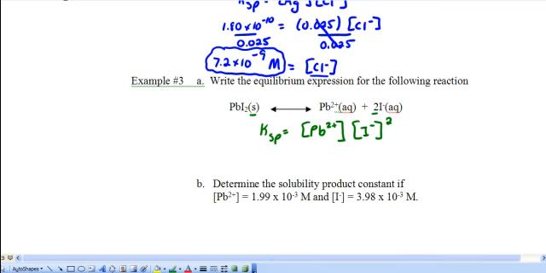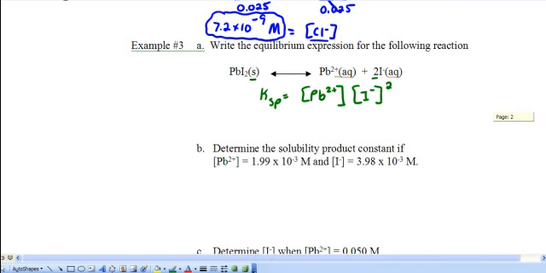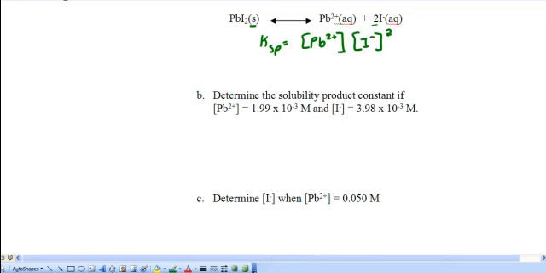Alright. Letter B, determine the solubility product constant if the lead concentration is such and such and the iodide is also given. So now we're just going to plug in those values where you have KSP equals 1.99 times 10 to the negative third times 3.98 times 10 to the negative third, and that value will be squared because the iodide is squared.